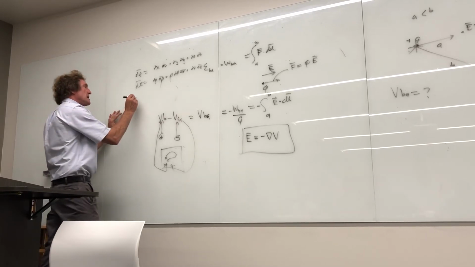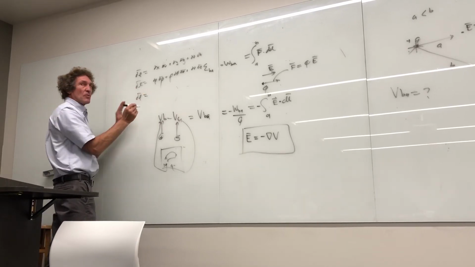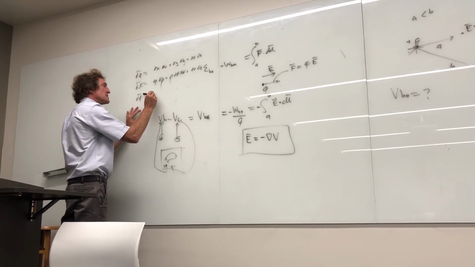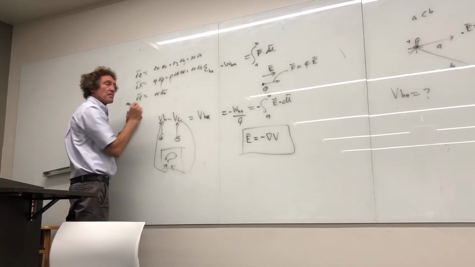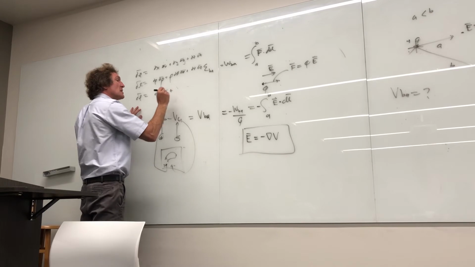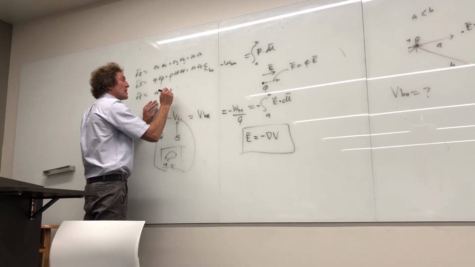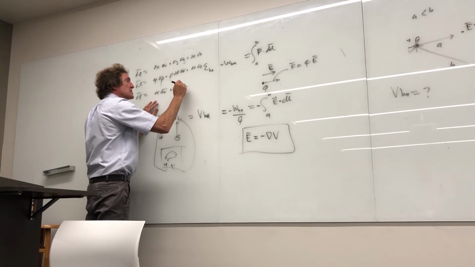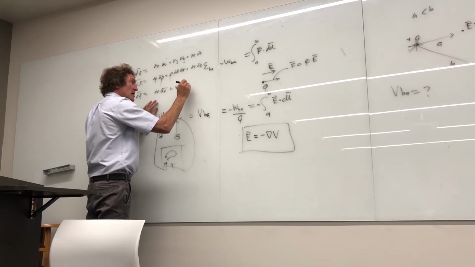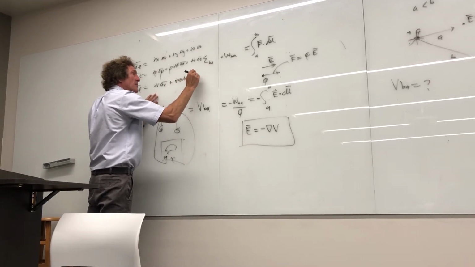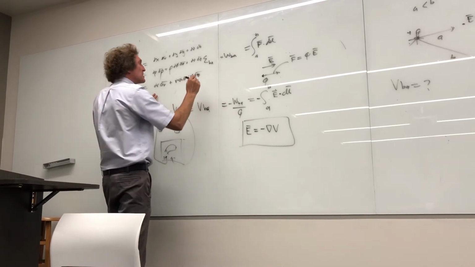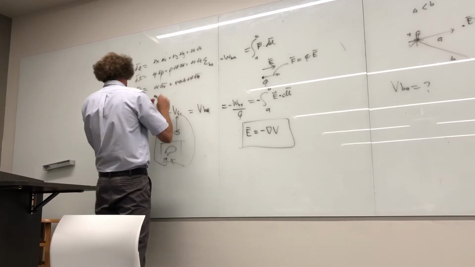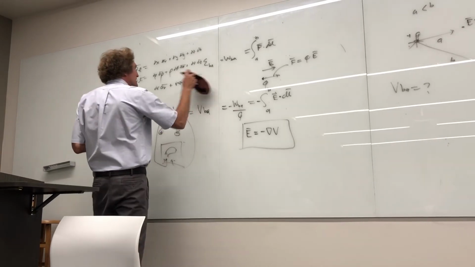And then for dl, if it's in spherical coordinates, what is it? It's dr, right? Then it's going to be plus, think about the wiper arm, it's r sine theta d phi a phi, right? Actually, this one should be last in the order of things.